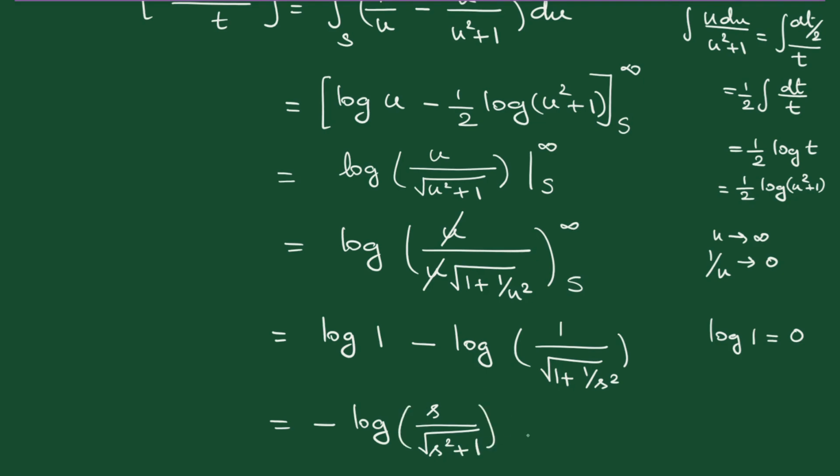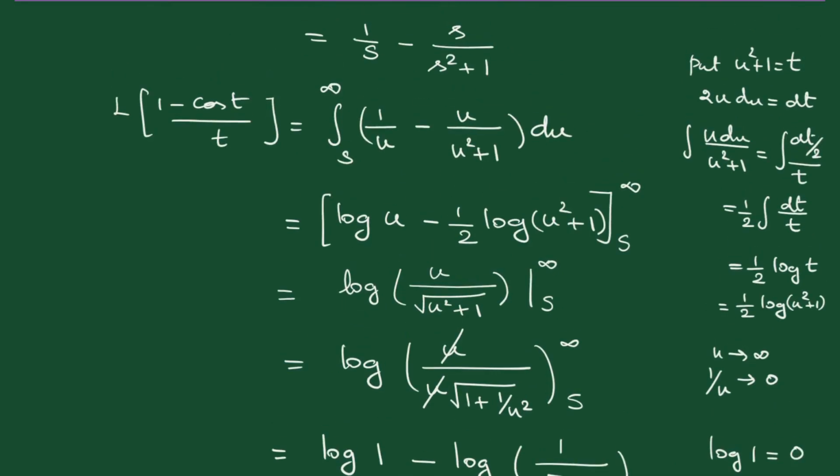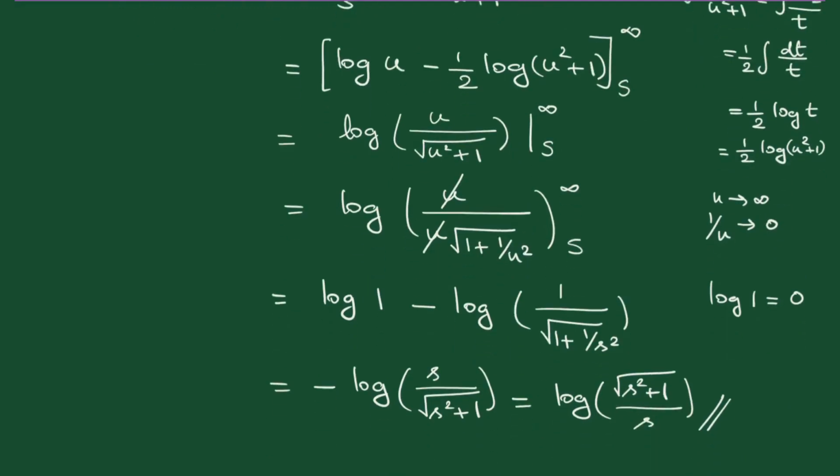And moreover, we are having minus here. Since we are having minus, we can write it as log of root of s square plus 1 divided by s. That is, we can write it as a reciprocal of this. So final answer is log of root of s square plus 1 by s is the final answer to the question L of 1 minus cos t divided by t.